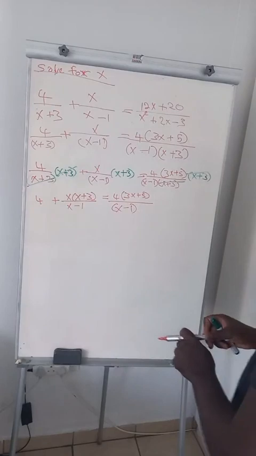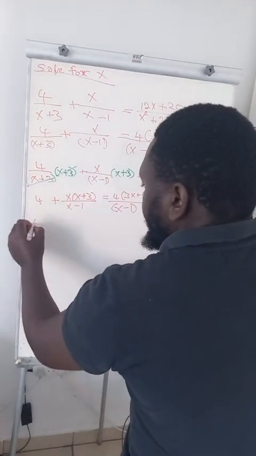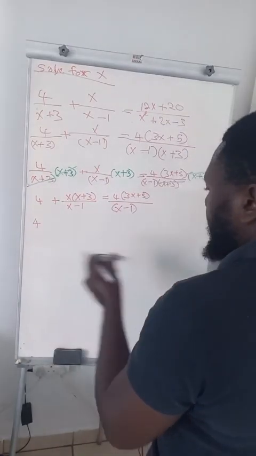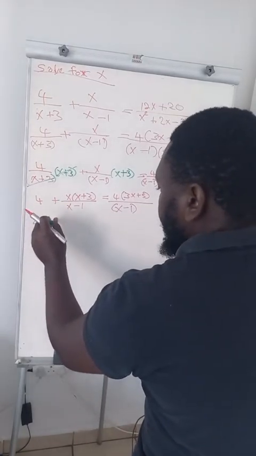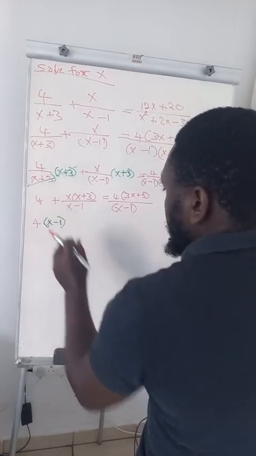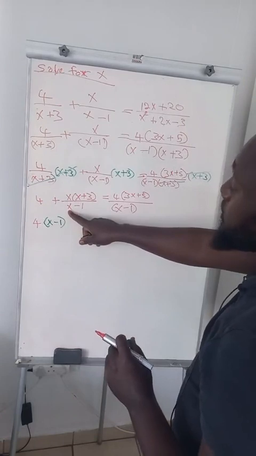Now it means you'll have 4 multiplied by x minus 1, because we are trying to remove this from being a denominator.